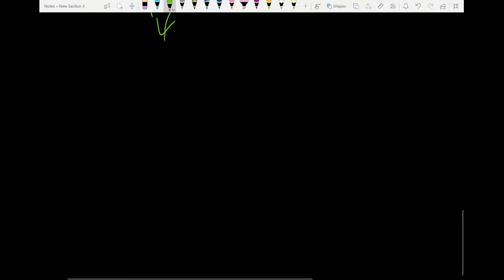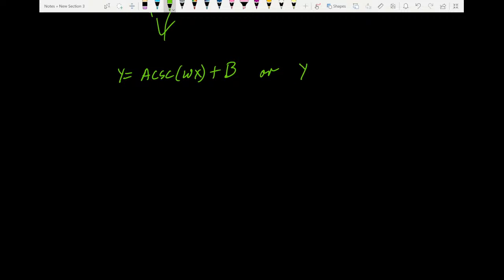All right, these are the easy ones. So the hardest part would be graphing something like y equals a cosecant of omega x plus b, or y equals a times secant of omega x plus b.